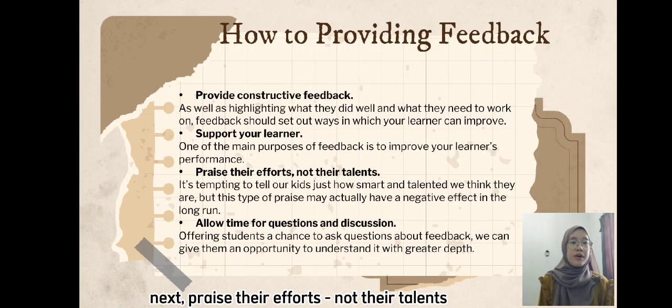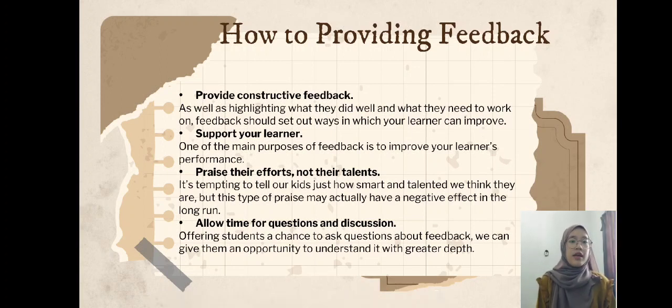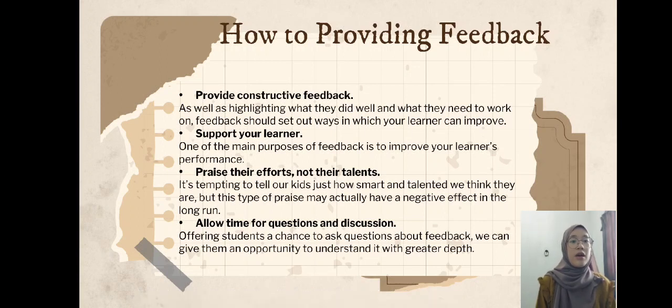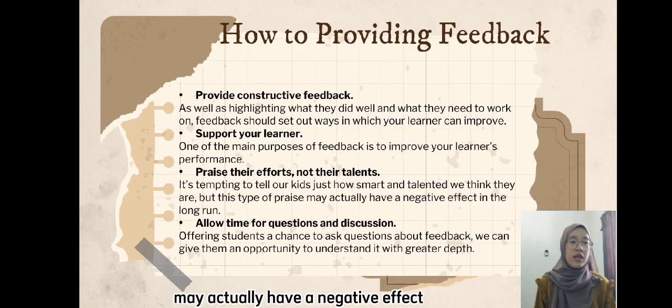Next, praise their efforts, not their talents. It's tempting to tell our students just how smart and talented we think they are, but this type of praise may actually have a negative effect in the long run.